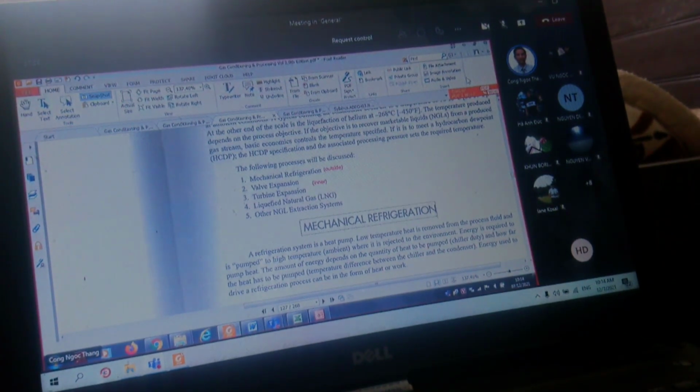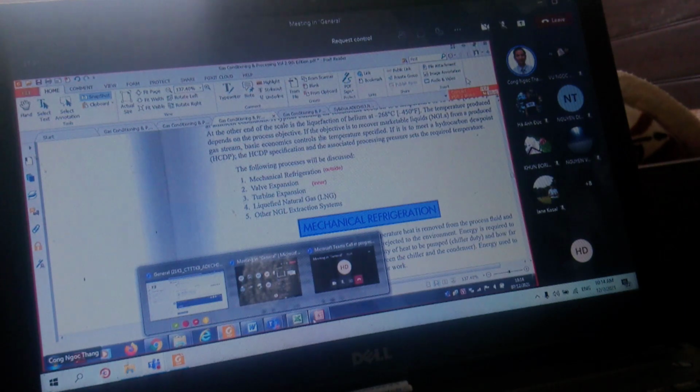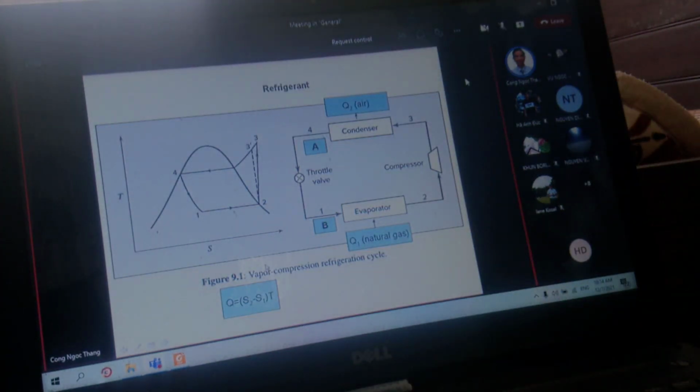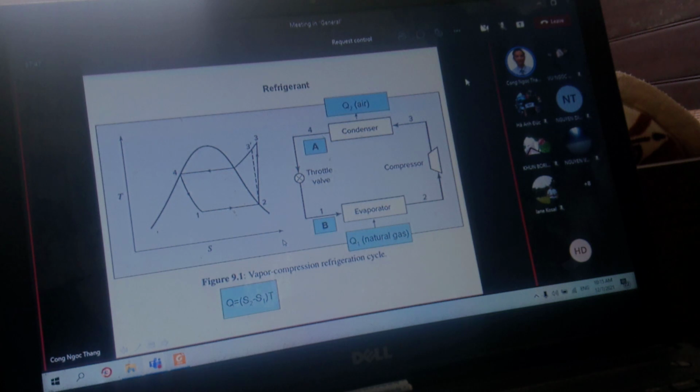So how does a mechanical refrigeration system work? It is based on the reverse Carnot cycle. This is the reverse Carnot cycle for a refrigeration system.